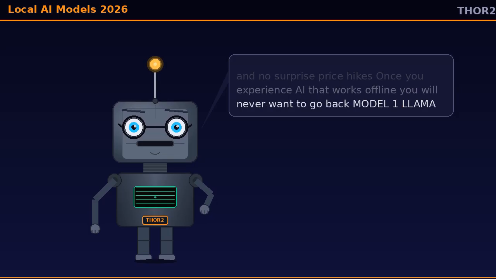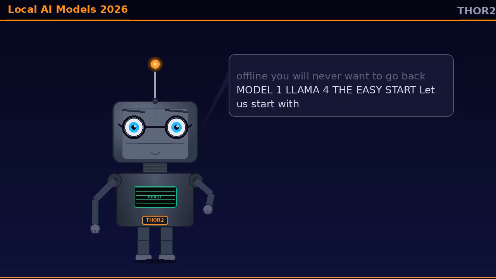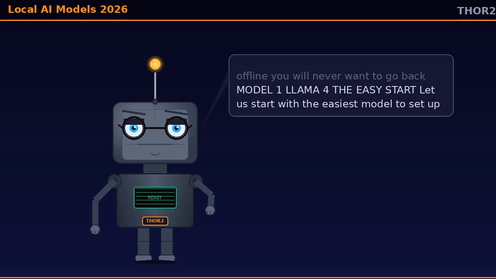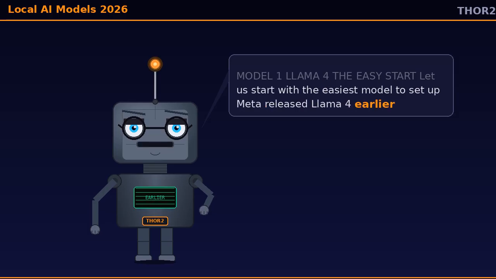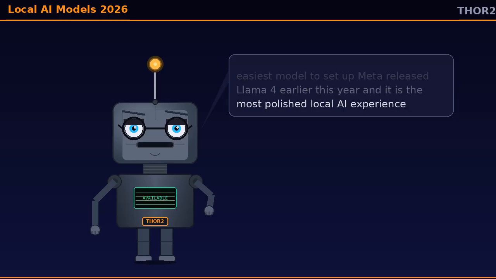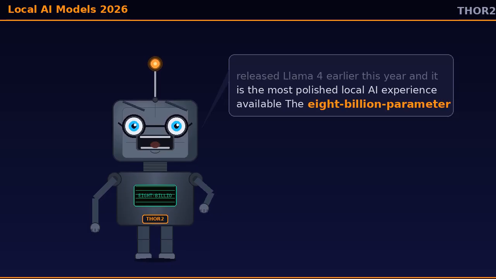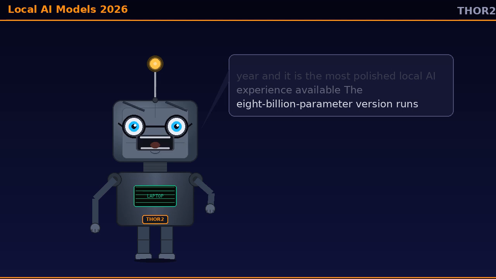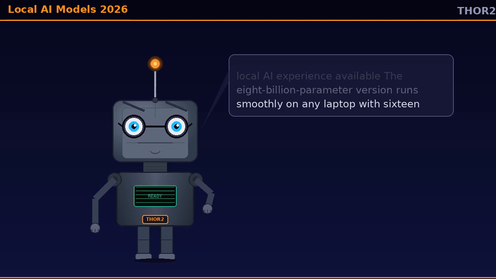Model 1: Llama 4, the easy start. Let us start with the easiest model to set up. Meta released Llama 4 earlier this year, and it is the most polished local AI experience available. The 8 billion parameter version runs smoothly on any laptop with 16 gigs of RAM.